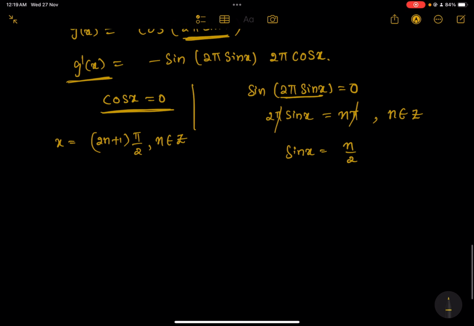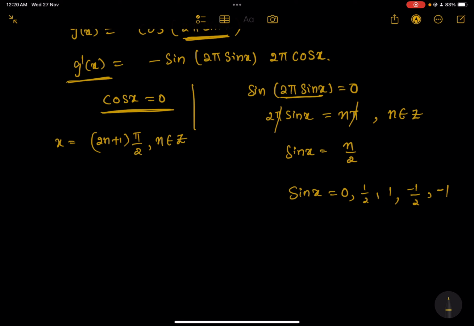So now let us put the values. When n is equal to 0, sin x can be 0. When n is equal to 1, it can be 1 by 2. When n is equal to 2, it can be 1. Similarly, when n is equal to minus 1, minus 1 by 2. When n is equal to minus 2, minus 1. These are the possible values. So sin x is equal to 0.